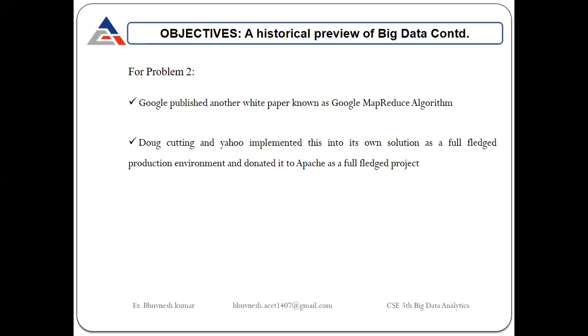The second problem that arose for Google was a failure in mapping of data in the Google servers. For that, Google published another white paper, meaning it generated another report. The problem was that the Google MapReduce algorithm was not working, because your data became huge in volume. The concept of big data is there.